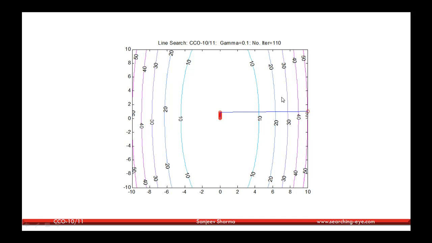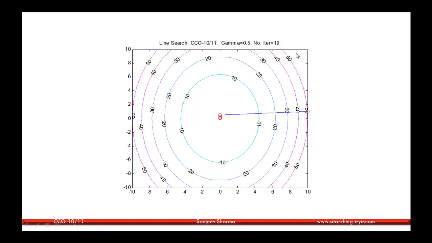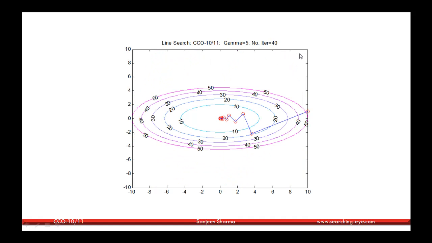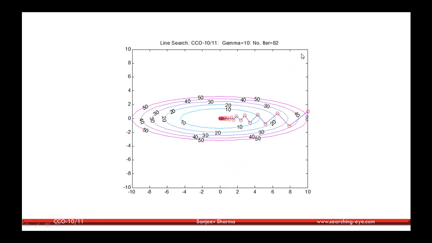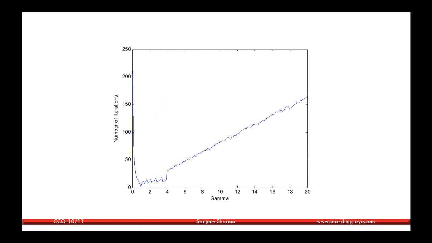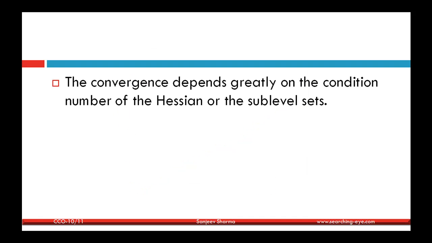So this was a plot of gamma versus the number of iterations, and the final conclusion is that the convergence depends greatly on the condition number of the Hessian or the eccentricity of the sublevel sets.